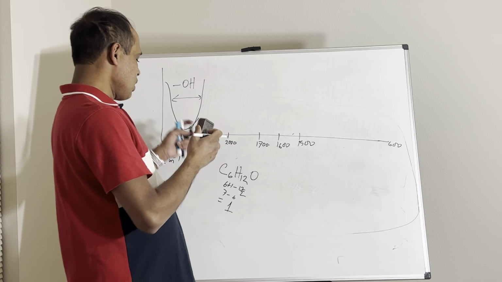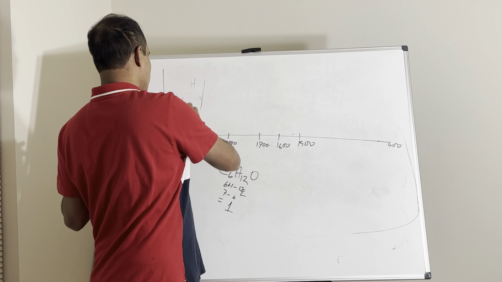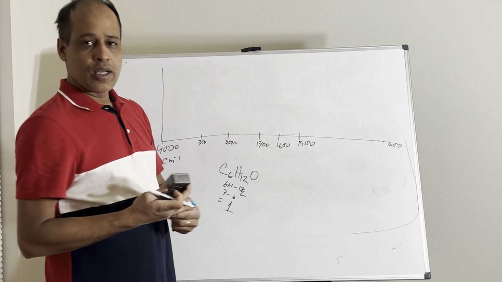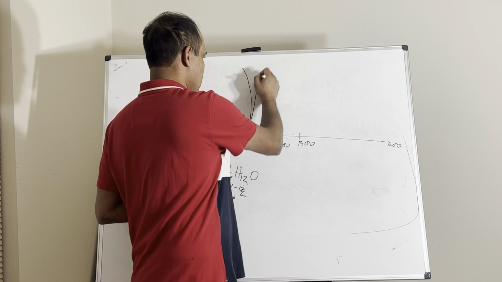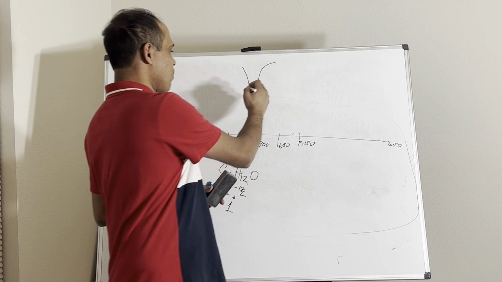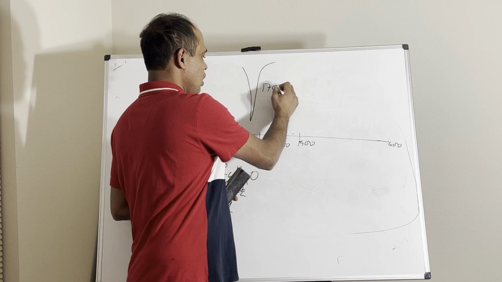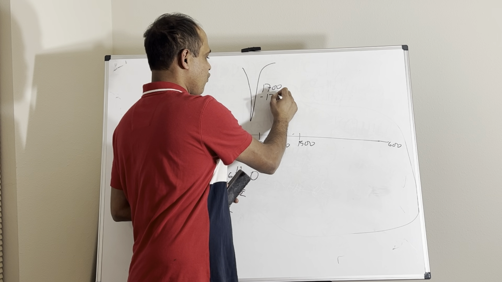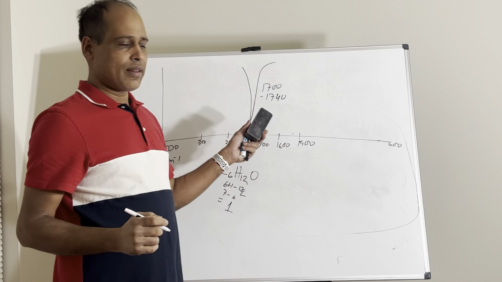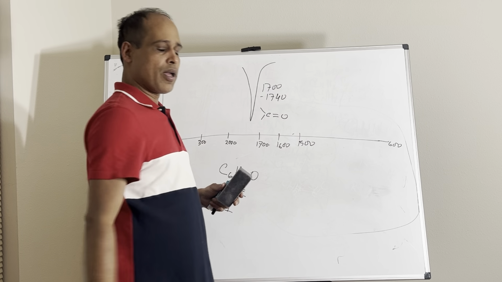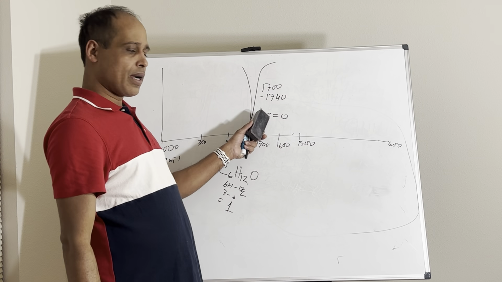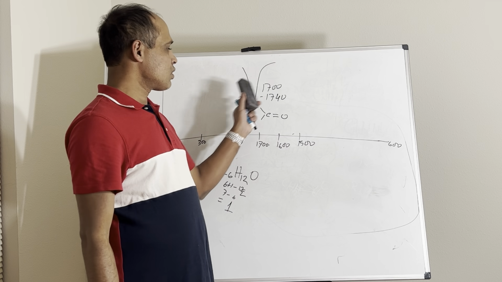But if you don't see any OH peak in the IR, immediately look for a peak around 1700, normally 1700 to 1740. If you see that, you can immediately consider that you have a carbonyl group. The molecule should definitely have a carbonyl if you see a peak here.